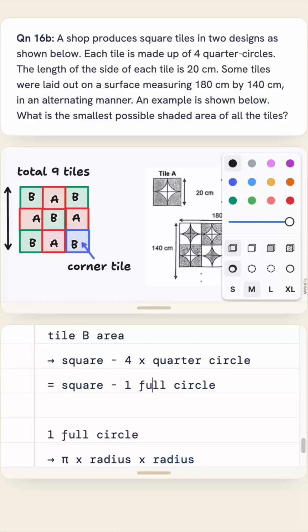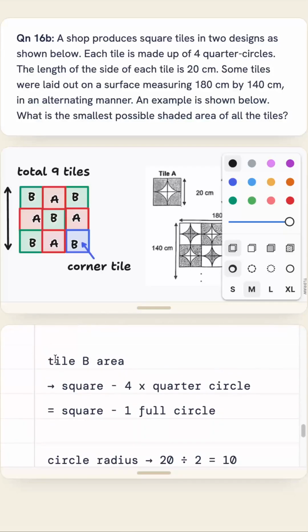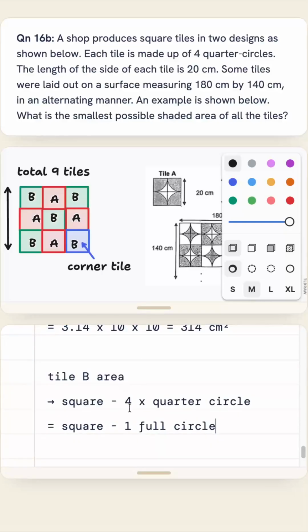How do you find the radius? The circle radius is basically 20 divided by 2, which is 10. So one full circle is 3.14 times 10 times 10, which gives us 314 square centimeters. So for tile B area, we get the square, which is 400, minus 314, which gives us 86.